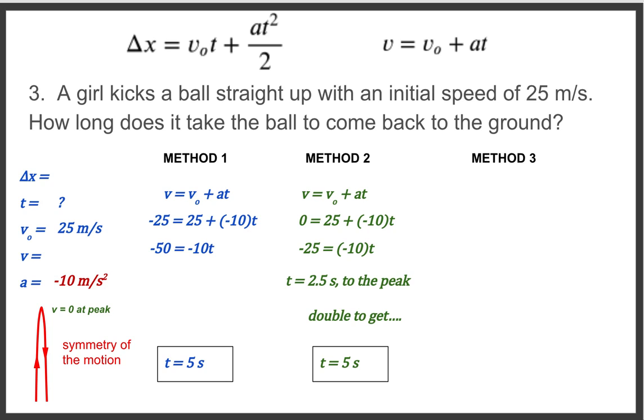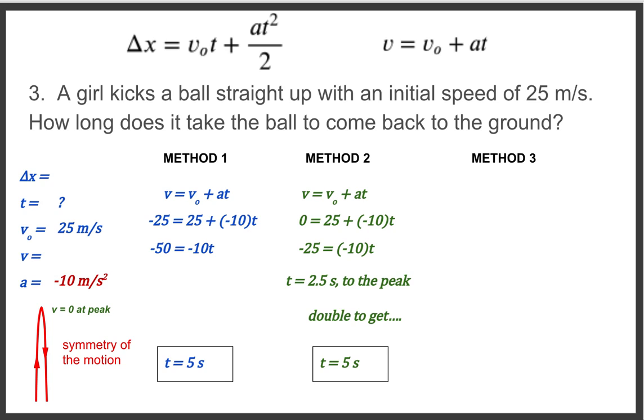A third method also uses the symmetry of the motion, but recognizes that the ball starts at the ground, it goes up, and it comes back down again. And that means that even though it certainly moved through a distance, its displacement is 0. And that's actually what delta x means.